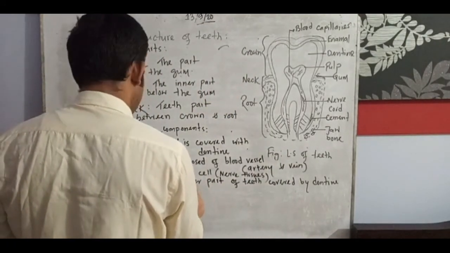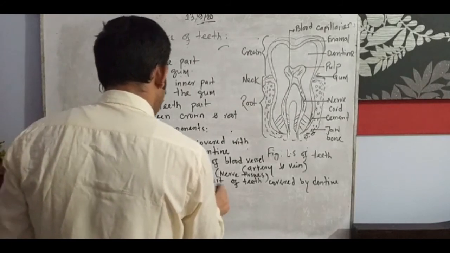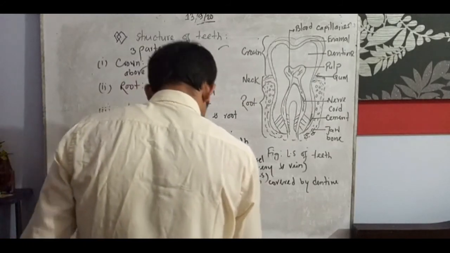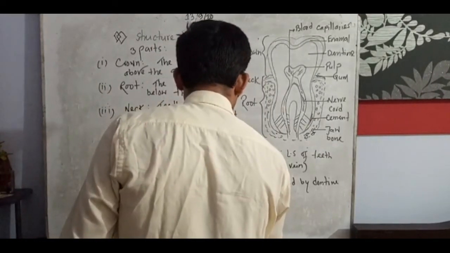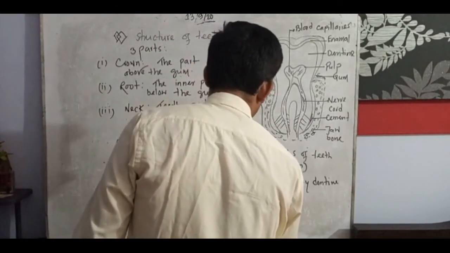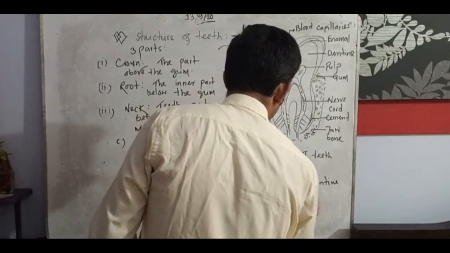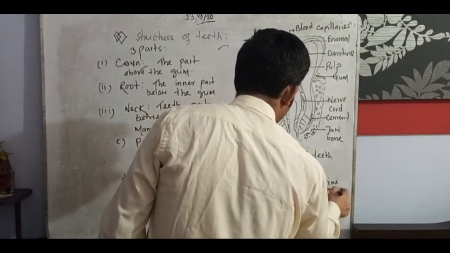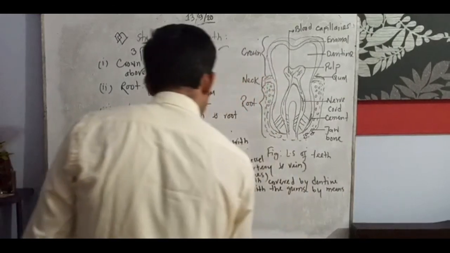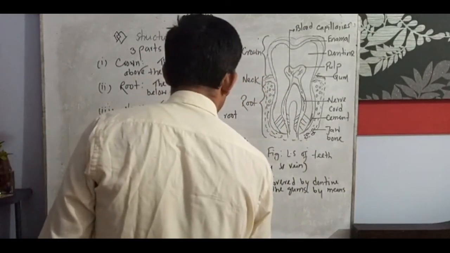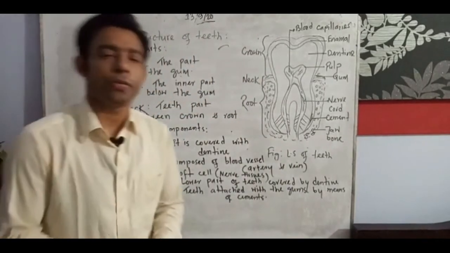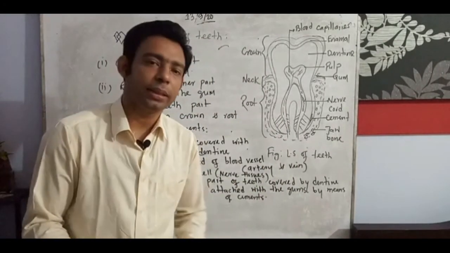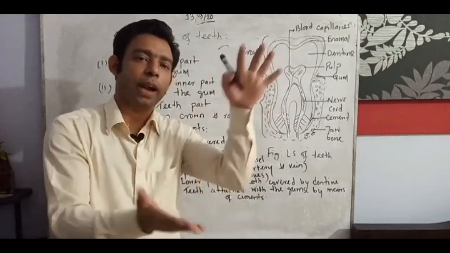We can write that teeth are attached with the gums by means of cement. Where do we use cement actually? For making a building, we use cement for attaching something.